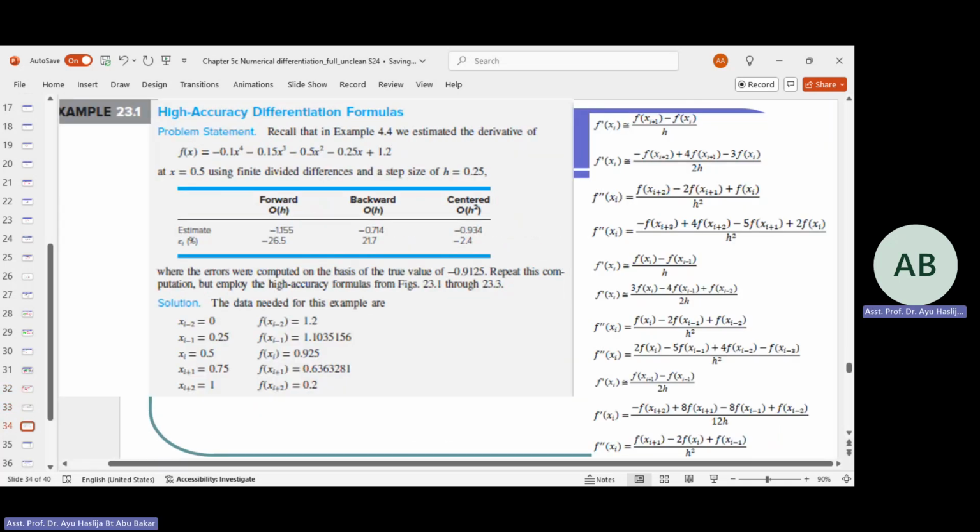Now, this one, similar. This one is from the previous semester, not mentioned, but this semester I put a label. Forward, backward, centered. But you need to know the level of error.